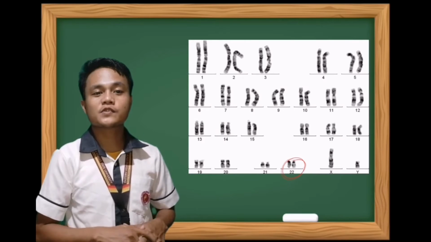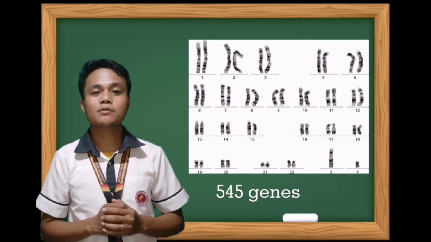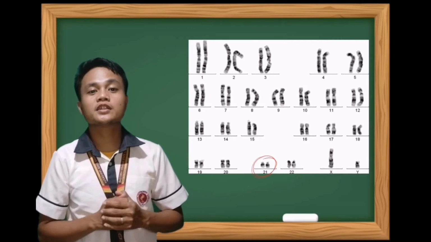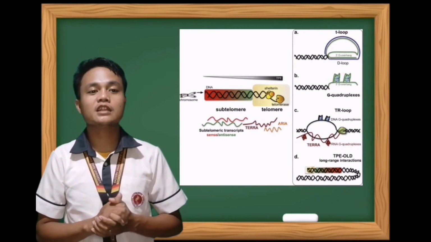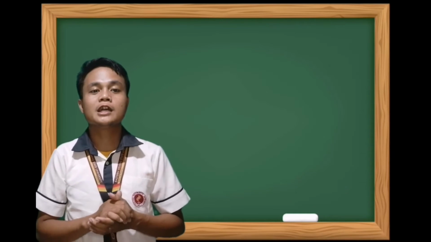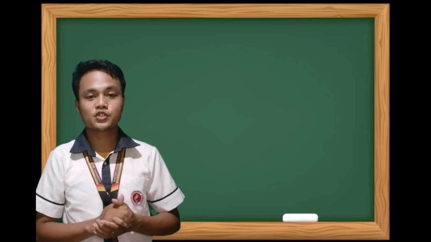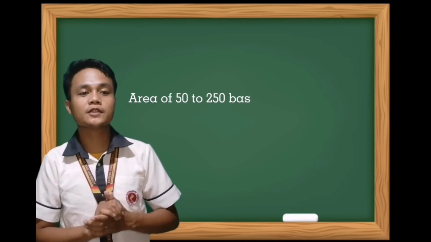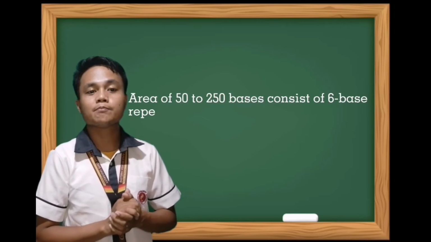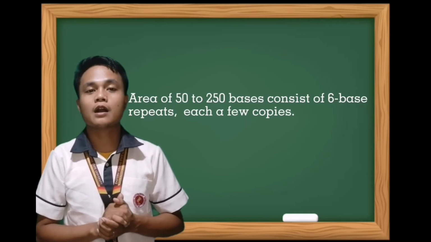Chromosome 22 contains 545 genes to chromosome 21's 225. Subtelomeres include some protein-encoding genes and therefore reach the gene-rich region, and the telomere repeats. This area of 50 to 250 bases consists of 6-base repeats, each a few copies.